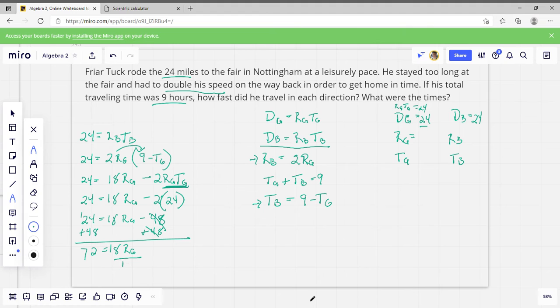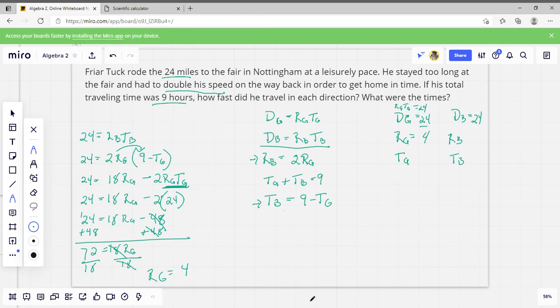And then we divide by 18. 72 divided by 18 is going to be 4. 4 times 2 is 8, right? 8 times 4 is 32. 4 times 1 is 4, 5, 6, 7. Yep. So our rate going is 4.